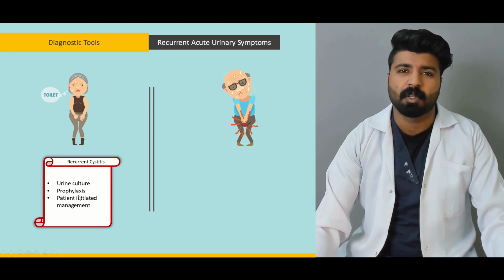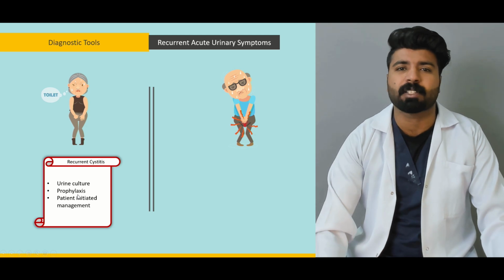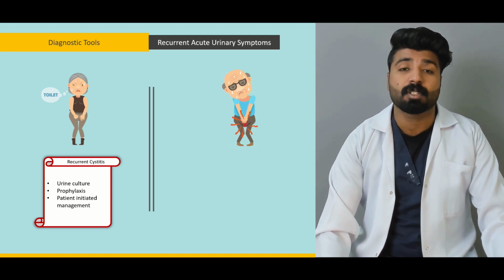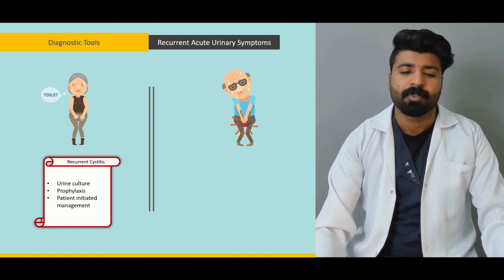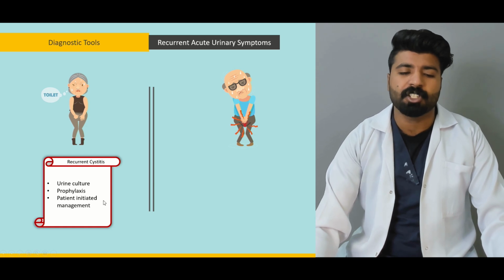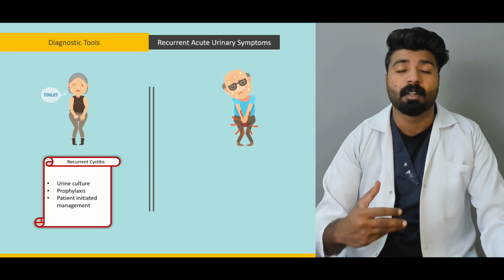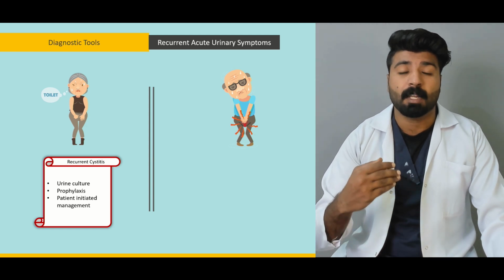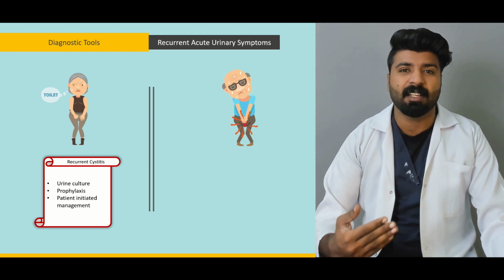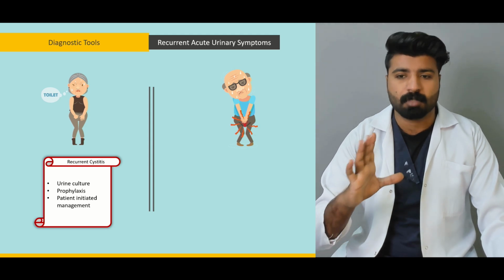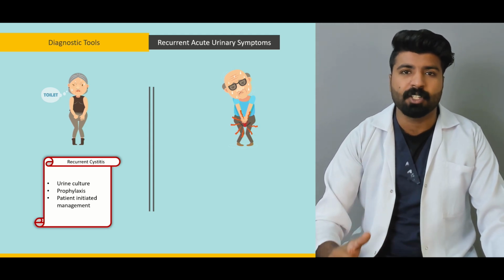What is the prophylaxis? We'll give them prophylactic antibiotics for those organisms which might be the cause of this recurrent infection in those patients. What's going to be patient-initiated management? The patient will be asked to keep herself hygienic, keep herself clear of all these factors, keep herself healthy, eat healthy, and the washroom environment should be clean.